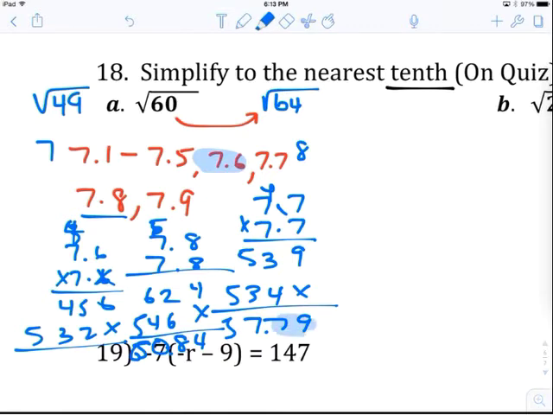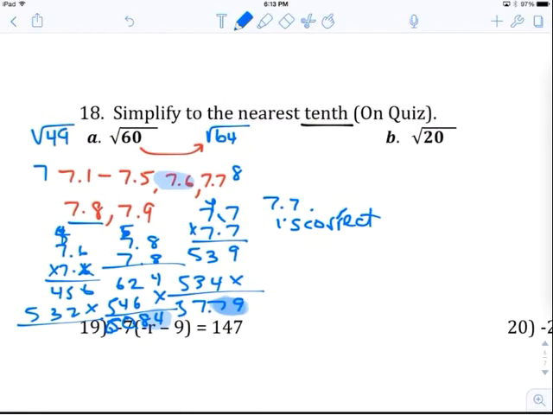The answer is that's 21 away, and this is 84 away. So actually you put the square root of 60 is equal to 7.7.